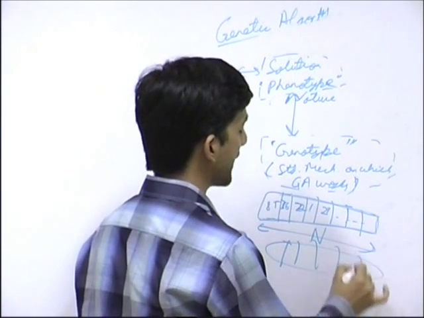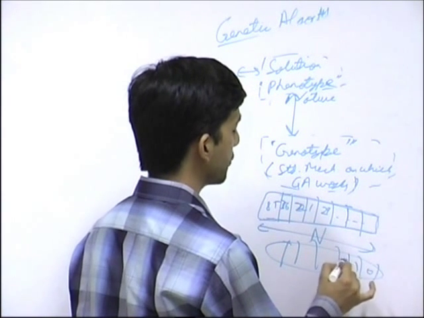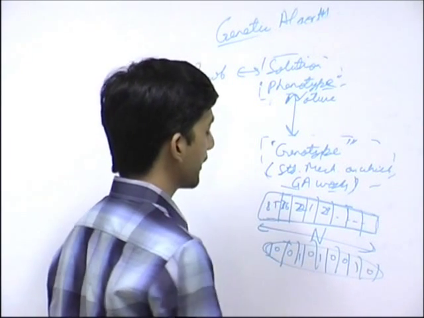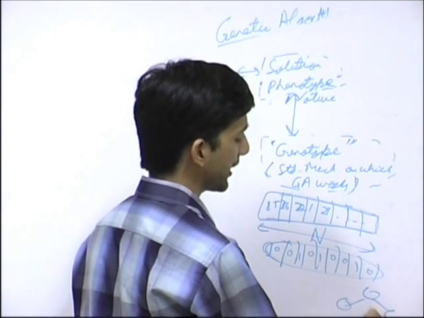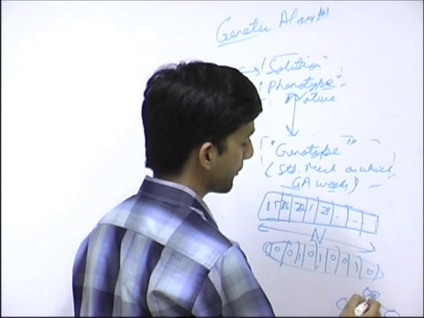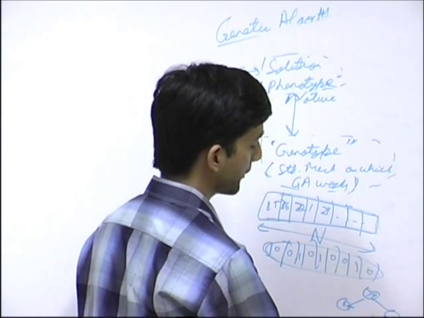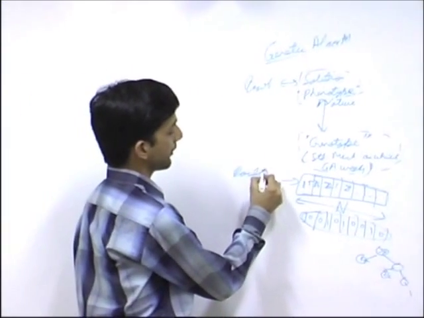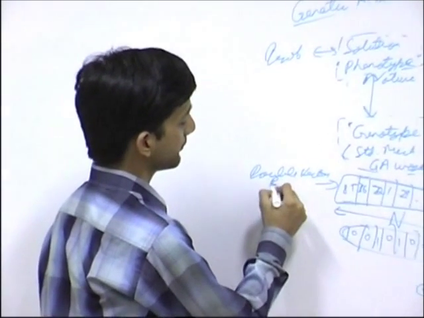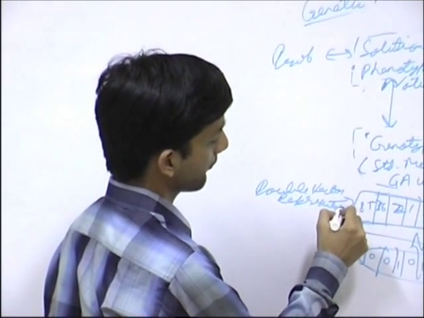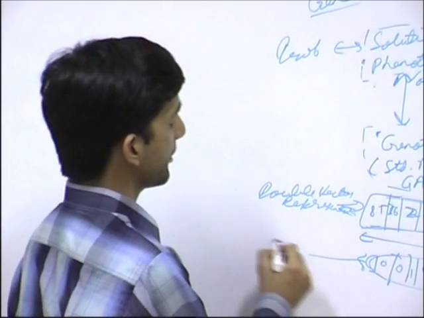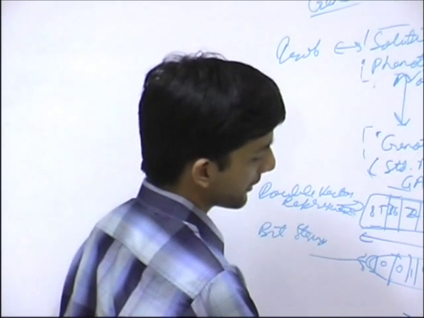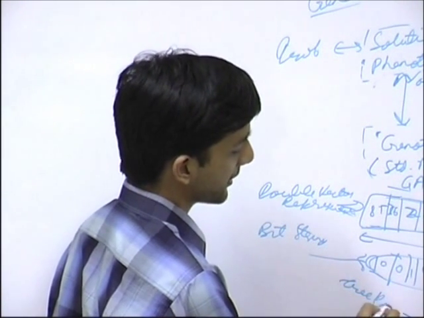Sometimes these are represented as bits, so I'll have sequences of 0, 1, 0, 1. This is how the genetic algorithm ultimately started. And sometimes I have real-valued representations: 7.9, 8.5, 2.2, and so on. This is referred to as a double vector representation. The first is a bit string representation, and this is referred to as a tree-based representation.